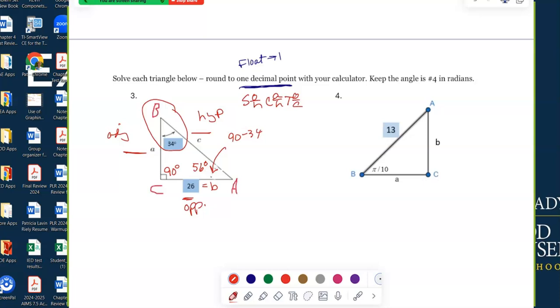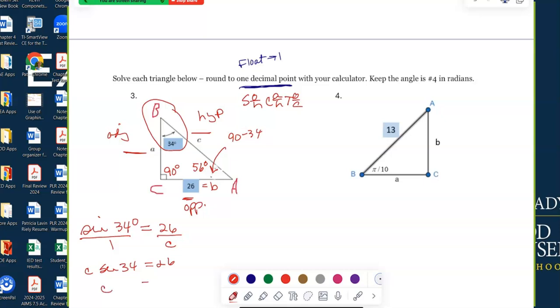So I'm going to say that the sine of angle B, but I'm going to put the sine of 34 degrees because that is angle B, equals opposite, which is 26, over some missing hypotenuse. This is your cross product. So you're going to say C times the sine of 34 equals 26.